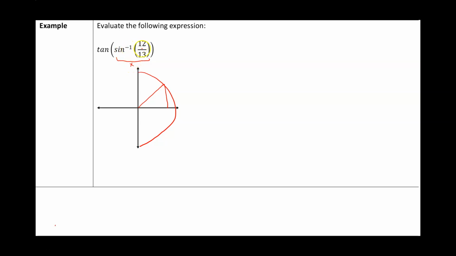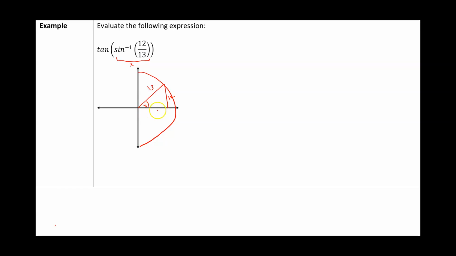Inverse sine is going to be either in quadrants 1 or 4. It'll be in quadrant 1 because sine is positive. Now, for angle x, opposite is 12, and the hypotenuse is 13. So we have 12 over 13.